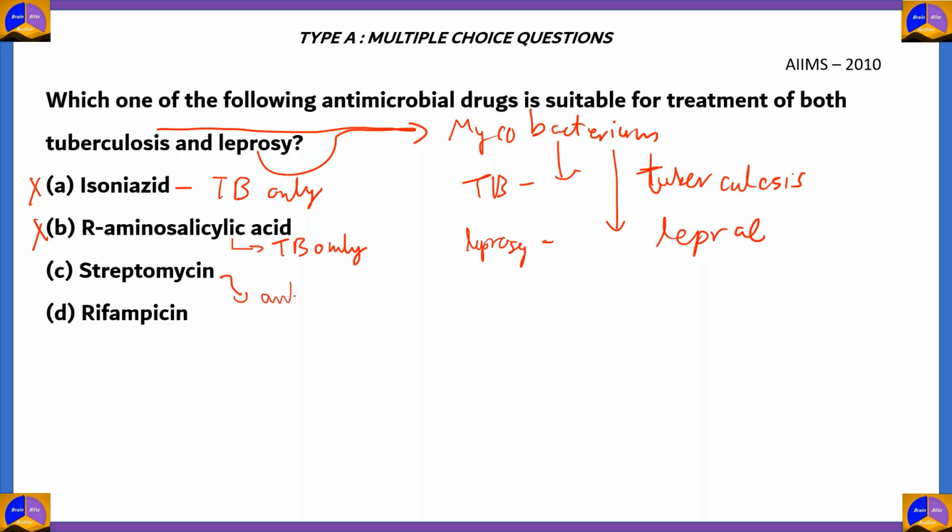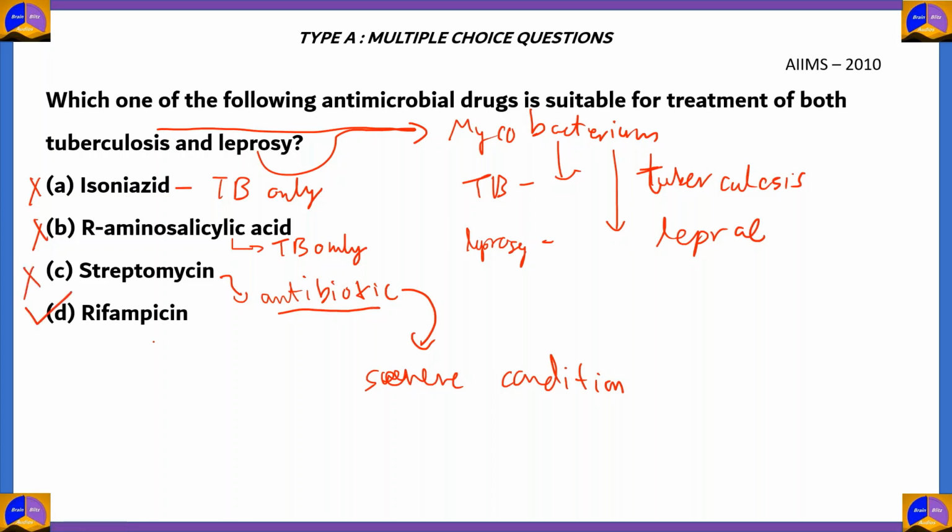Streptomycin is a general antibiotic, and this antibiotic is used for severe conditions. So if you have a severe condition of TB, this works, but this is only for severe conditions, and it can affect many diseases, not just tuberculosis and leprosy. So option C is incorrect.